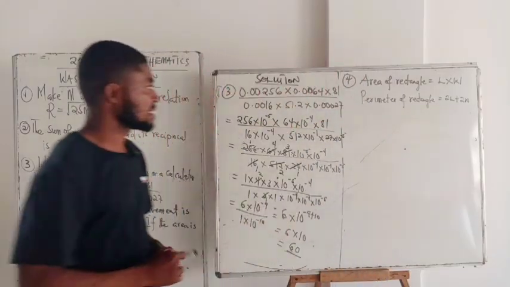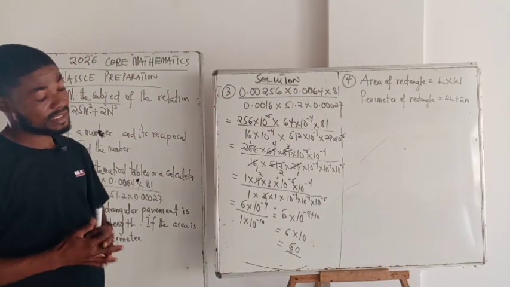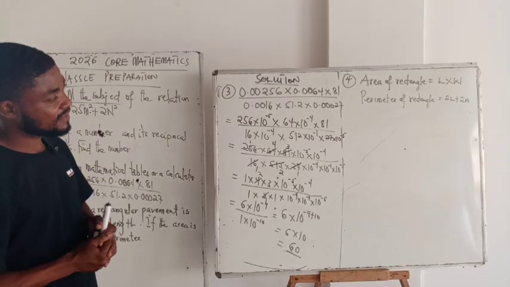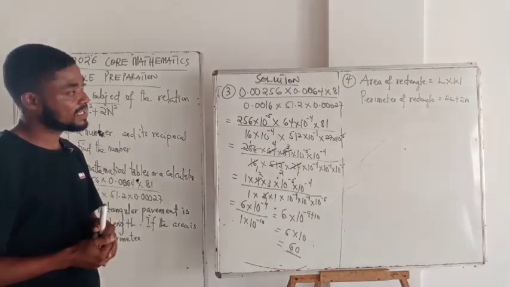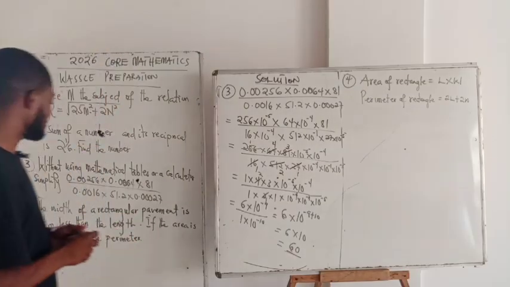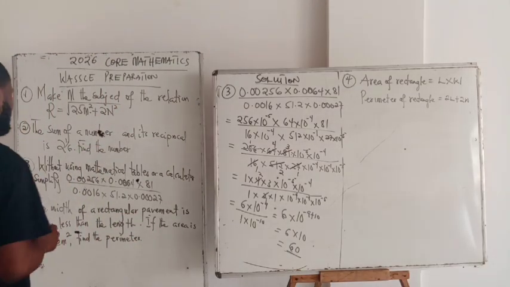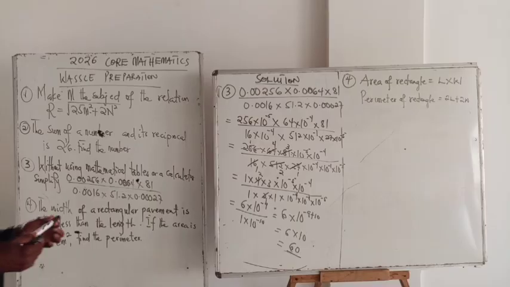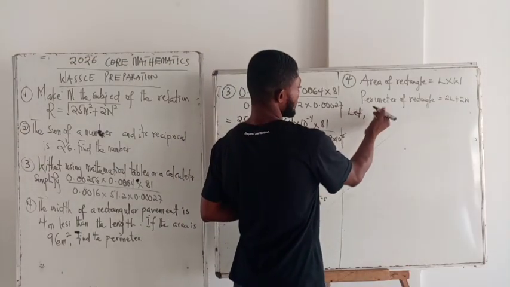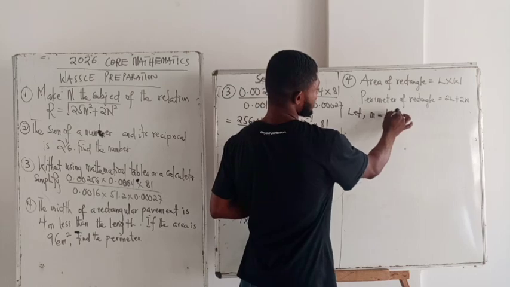So we're told that the area of a rectangle is given by length times width or breadth, and then the perimeter is given by 2 of the length plus 2 of the width or the breadth. Since we don't know the length, let's say m be equal to the length.